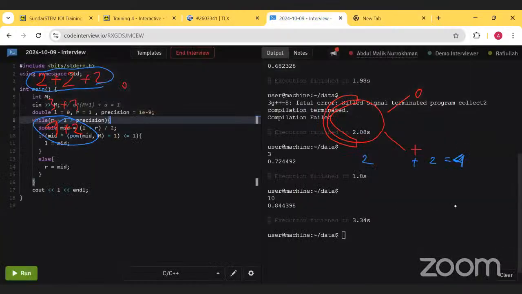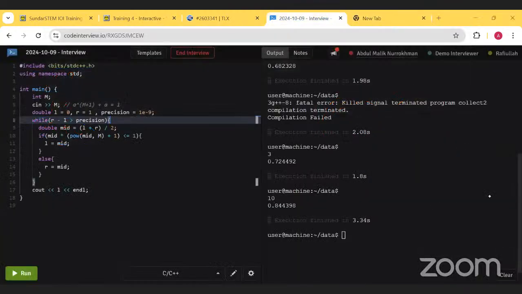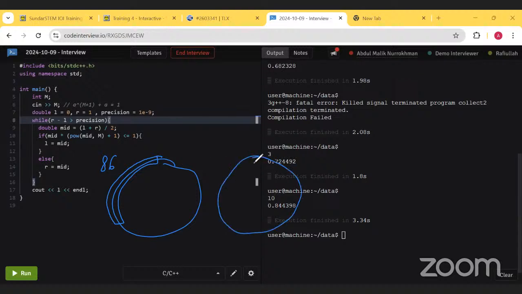So we can just query 86 here. And then, or we can just try another 86 here.